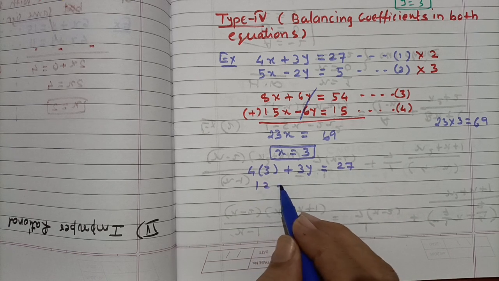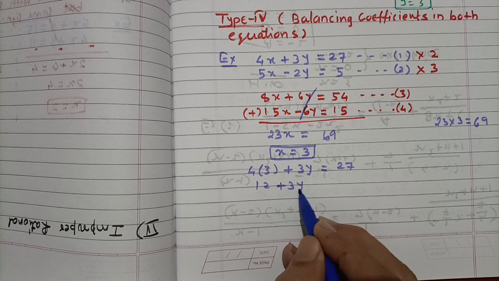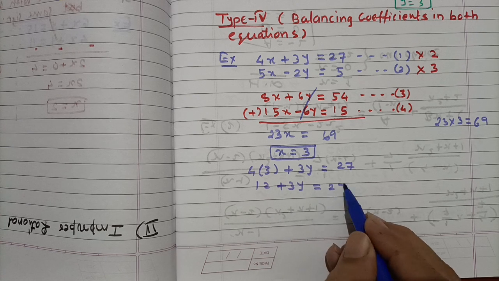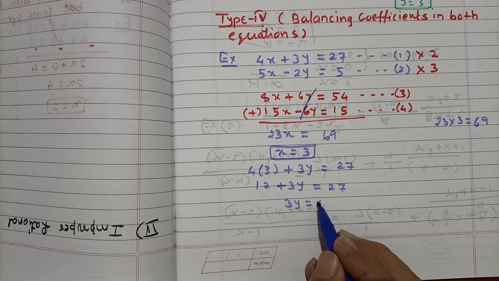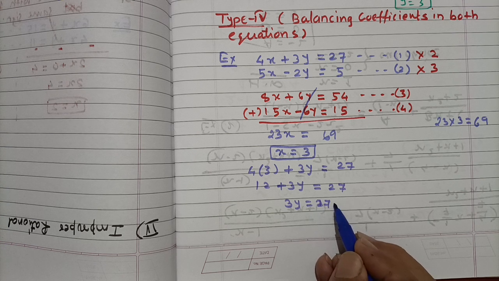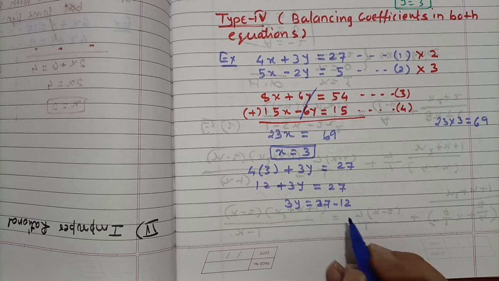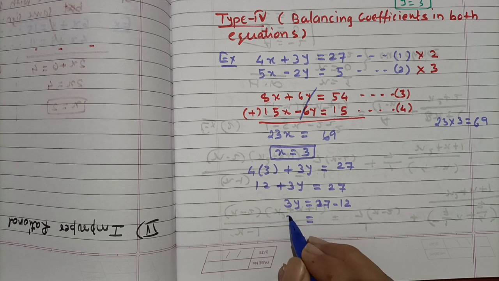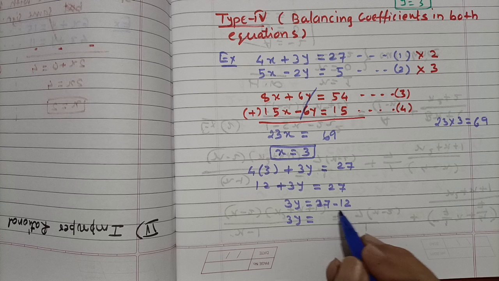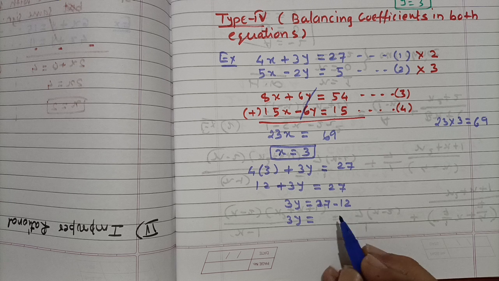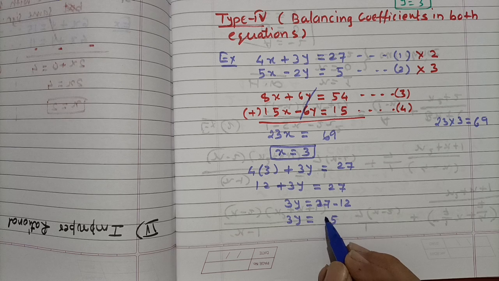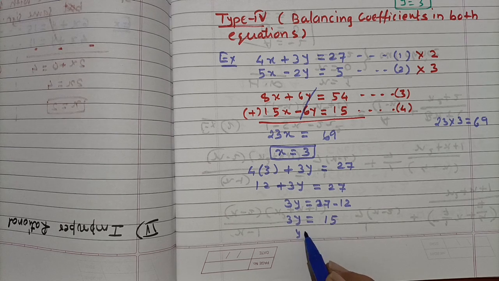So 12 plus 3y is equal to 27. So 3y is equal to 27 minus 12. So 3y is 15, so y is equal to 5.